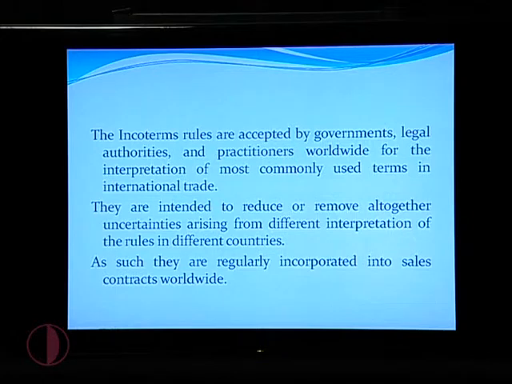They are intended to reduce or remove altogether uncertainty arising from different interpretation of the rules in different countries. As such, they are regularly incorporated into sales contracts worldwide.